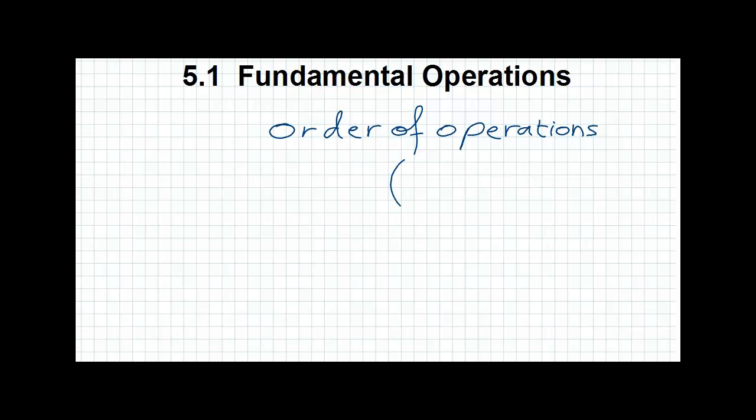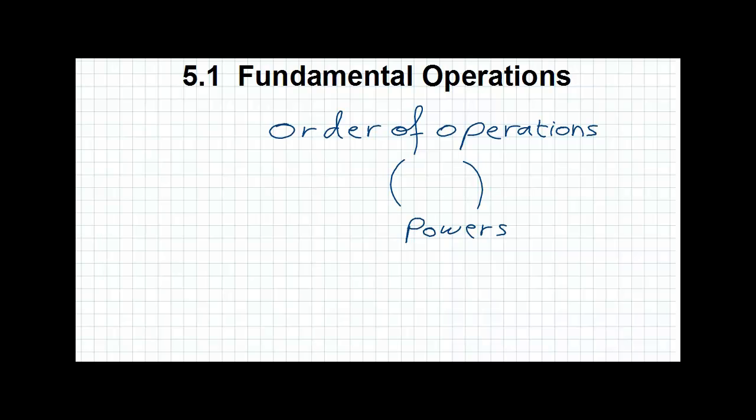So the priority first is for parentheses. Perform all operations inside them. Second order is to evaluate all powers, if any. So the second priority is for powers or exponents.